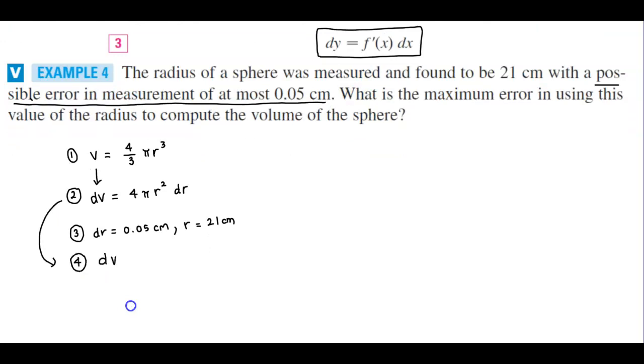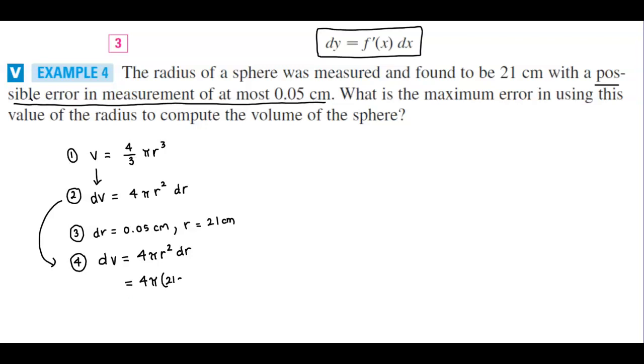So we have dV, which is equal to 4 pi r squared dr. So it's going to be 4 times pi times the radius, which is 21 centimeters, squared, and let's include the units in there.